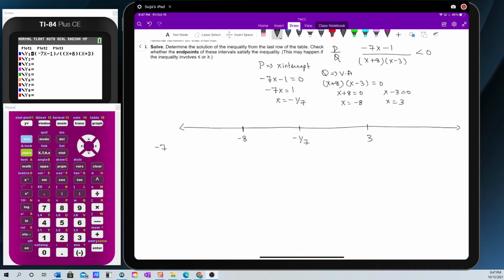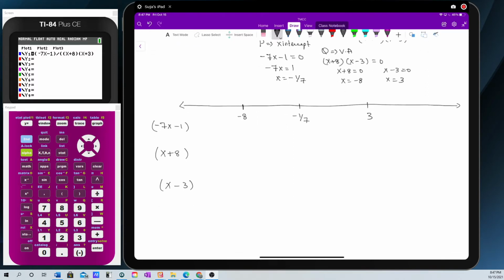So negative 7x minus 1, then x plus 8, x minus 3, and then comes the entire problem, negative 7x minus 1 over x plus 8 times x minus 3.